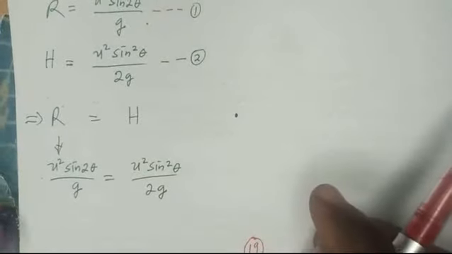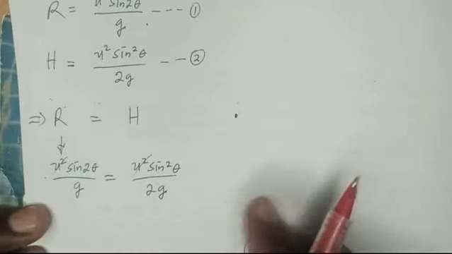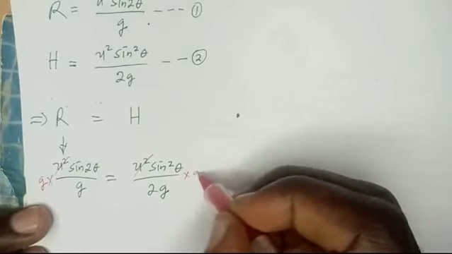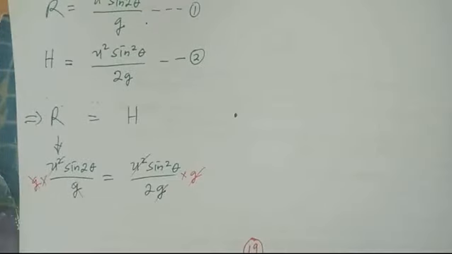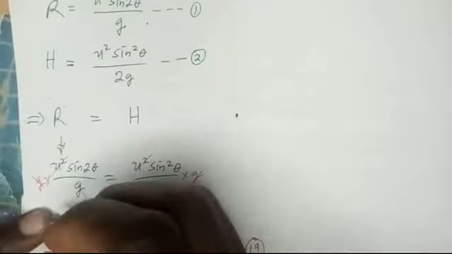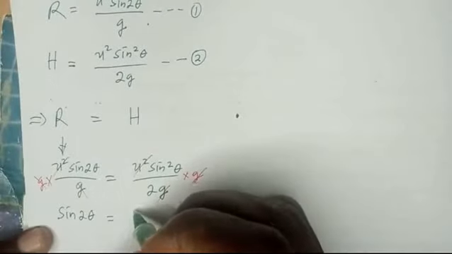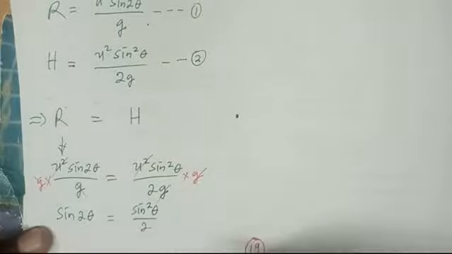Now comparing the two expressions, if I divide both sides by u squared, it cancels. Now if I multiply both sides by g, the g here cancels, the g here cancels. So on the left hand side, I am left with sine 2 theta, and on the right hand side, I am left with sine squared theta divided by 2.